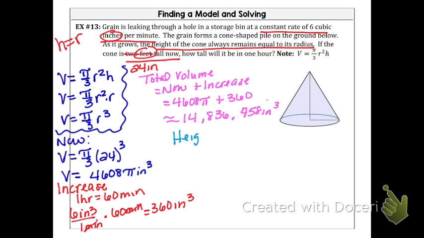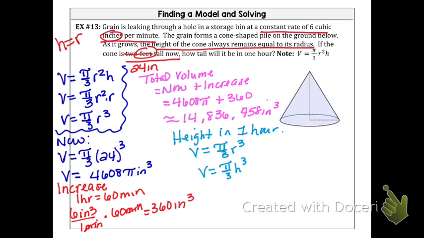Now let's go find the height in 1 hour. If I'm looking for my height, I'm going to work my equation. Remember, our equation was V equals pi over 3 r cubed, and since the radius and height are the same thing, I'm going to change that to h cubed.